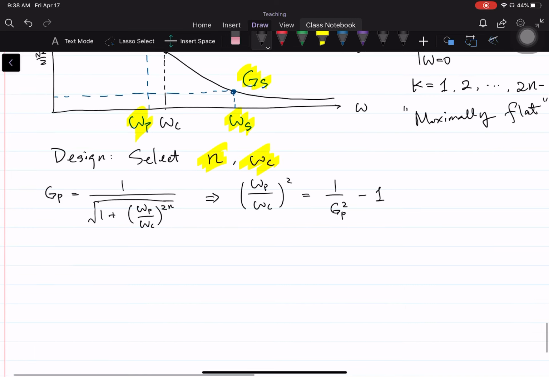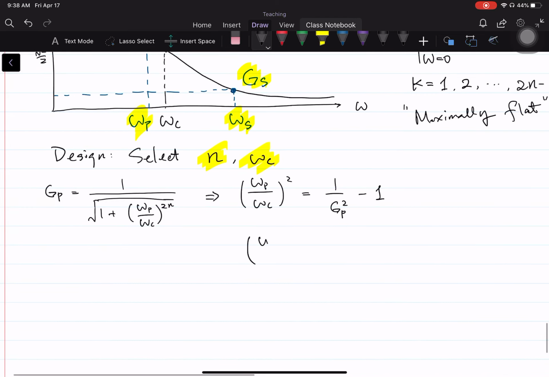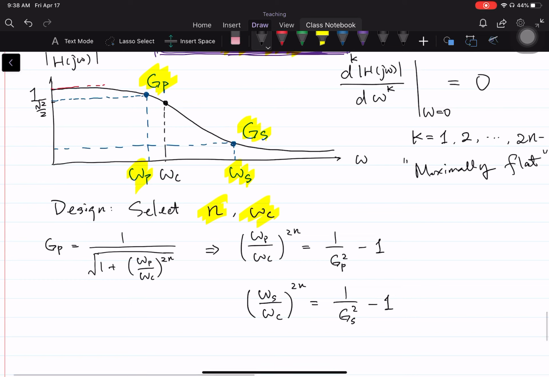Similarly, at the stopband frequency, we can obtain something similar, with 1 over g sub s squared minus 1. These two formulas assume that the two points, g sub p, omega p and g sub s, omega s, are on the frequency response function.